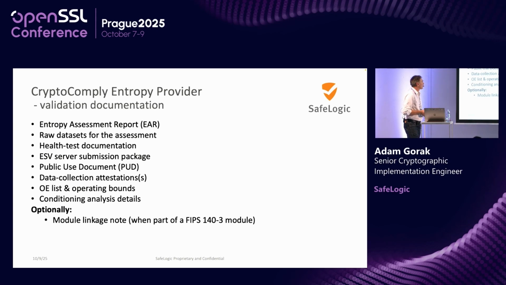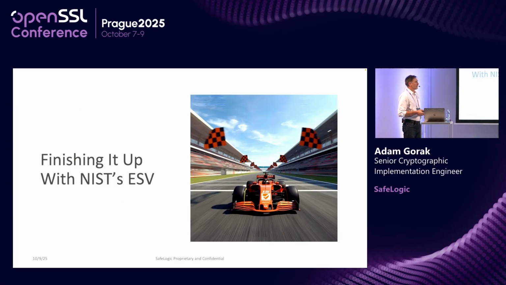The second important document is the PUD. It's a kind of public user guide document that includes identification information, entropy source description, operational parameters, integration details, and some references.